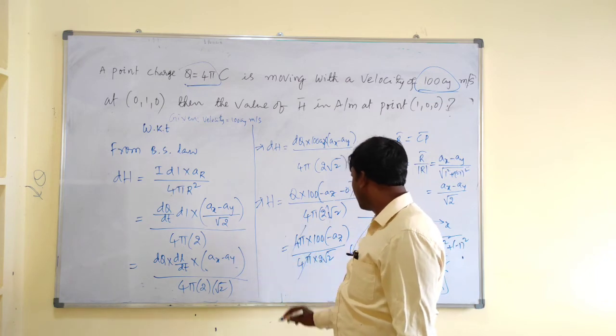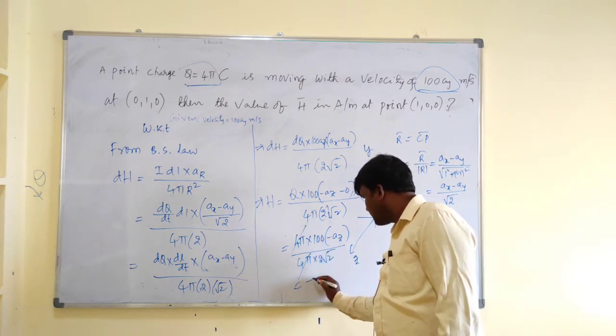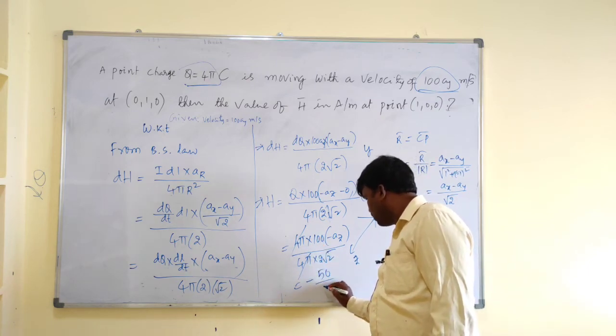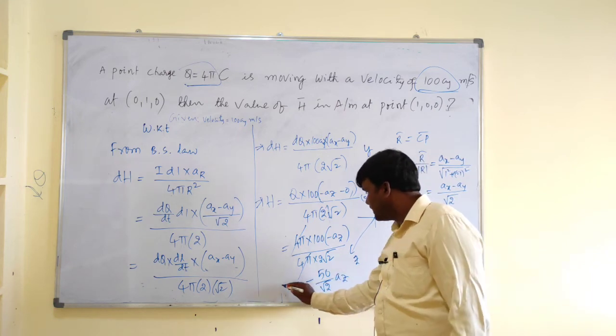Finally this 4 pi cancels out, and 100 by 2 is 50, so minus 50 by root 2 into az is the H value.